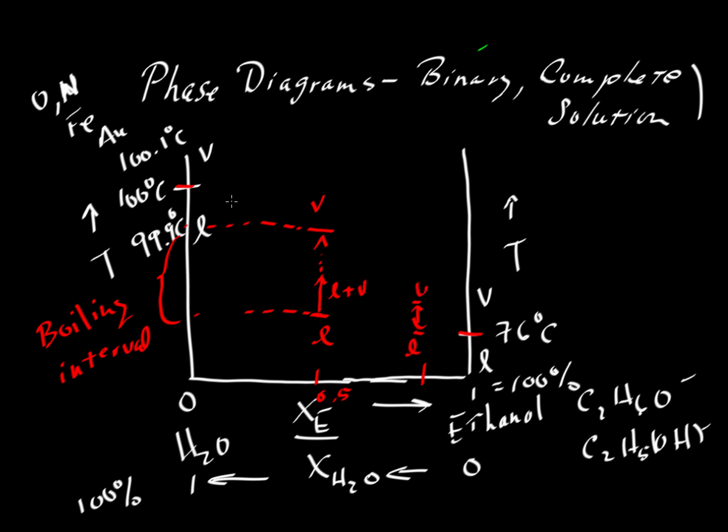And by the same token, if we go closer to the water apex, we would also have a smaller temperature interval. And we can connect all these to create a curve. And it's probably going to be easier to simply erase the chalkboard and redraw this whole thing so we can show those curves.